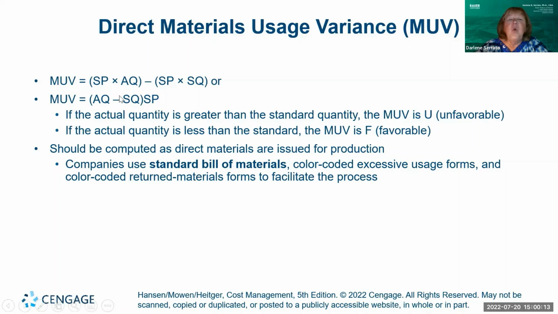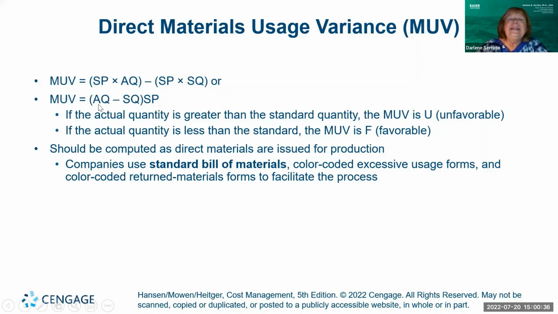Remember, standard quantity allowed is calculated. SQ is standard usage per unit of product times the actual number of products we produced. So this is how much we should have used based on actual production.